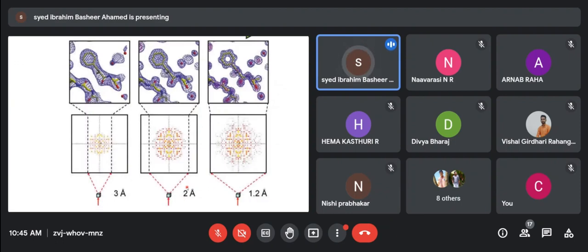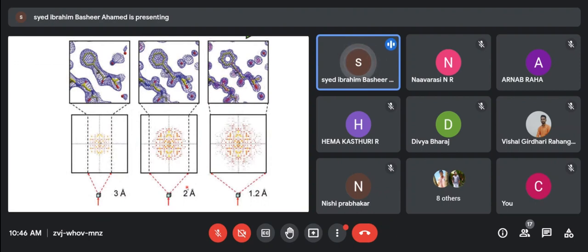The resolution is very important in data collection. The resolution indicates the accuracy of your data. Remember, you are scaling an object of atomic size, not an object in centimeters, millimeters, or meters.